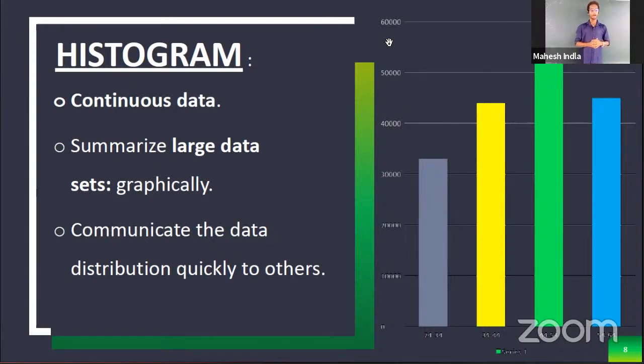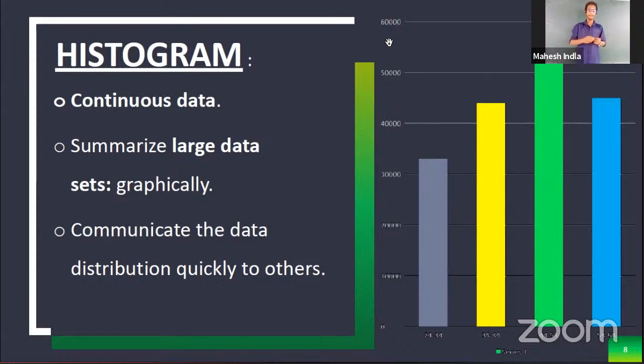If you observe, I have collected people of different ages and their salaries. Here the people's age is represented on the x-axis, and the salaries are represented on the y-axis. Here we are representing data that is continuous. Here 24 to 34 is the age, and then the next age begins from 34 to 44.